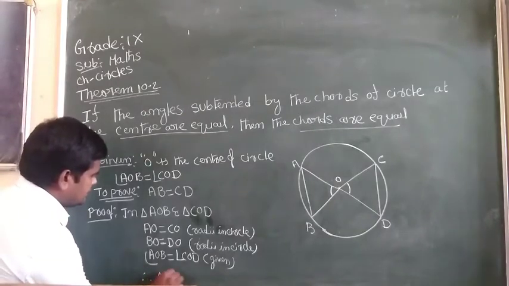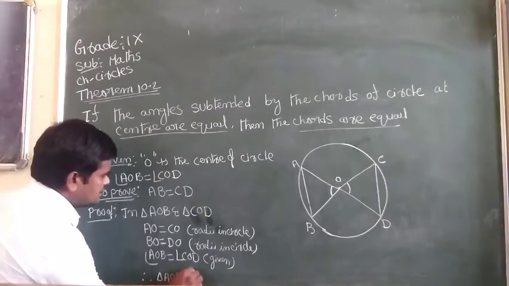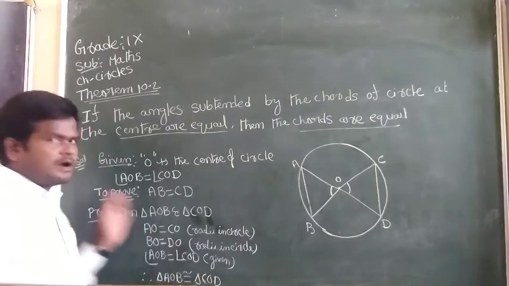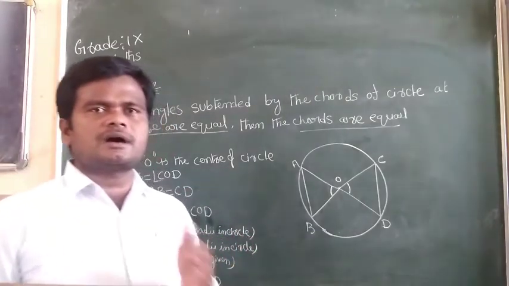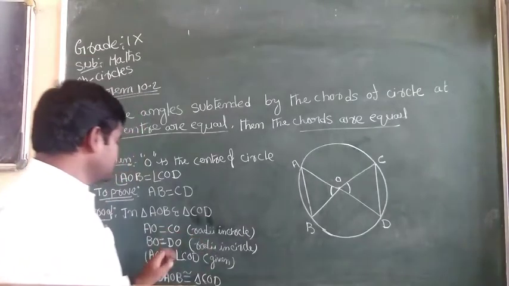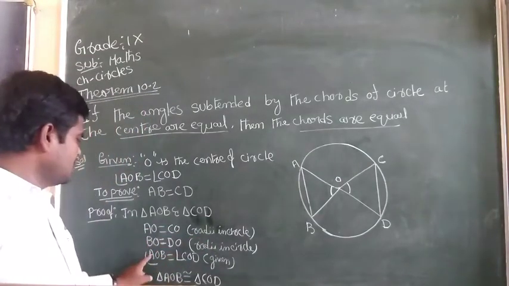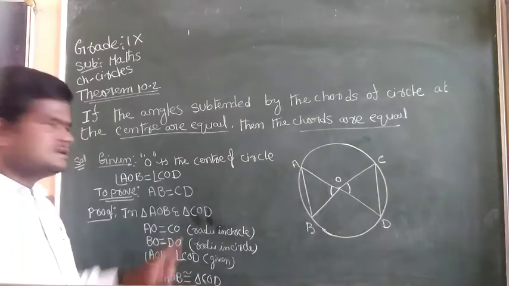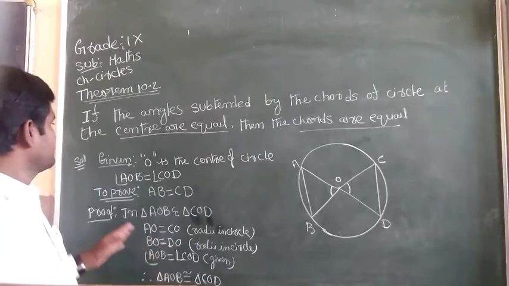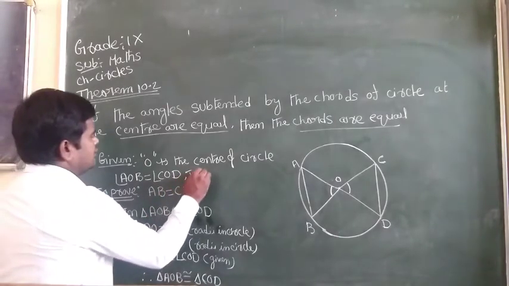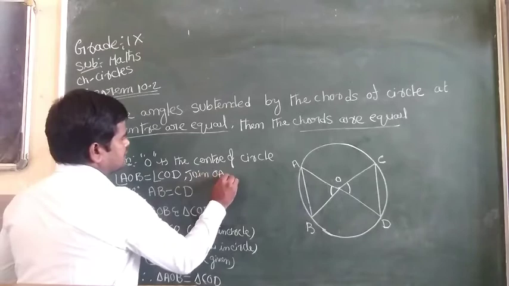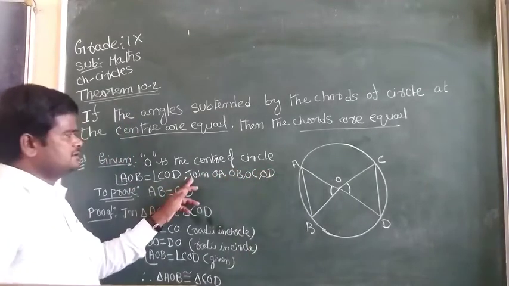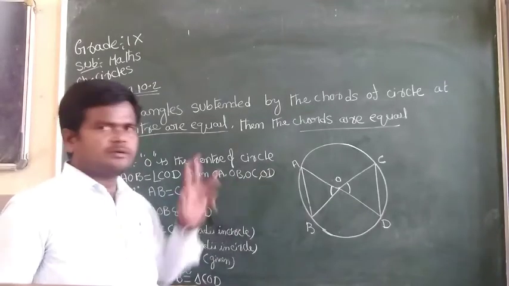triangle AOB is congruent to triangle COD. How can you say these two are congruent? Here AO equals CO, BO equals DO, and angle AOB equals angle COD. Here I am missing, join OA, OB, OC and OD.